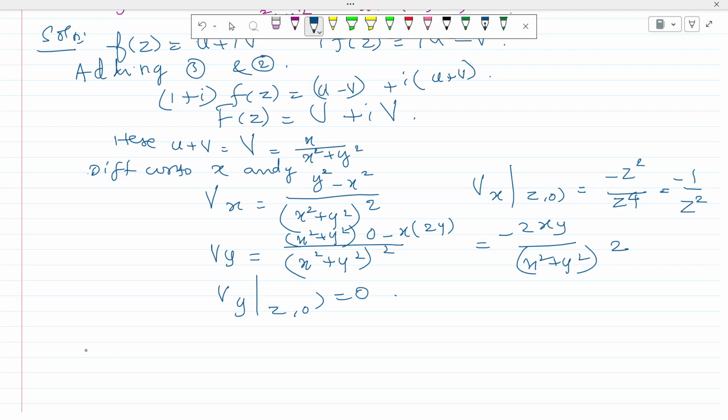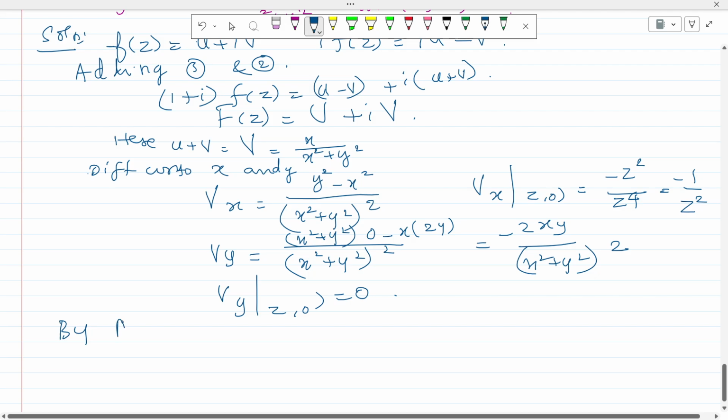Now we have to write that formula by the Milne-Thomson method.